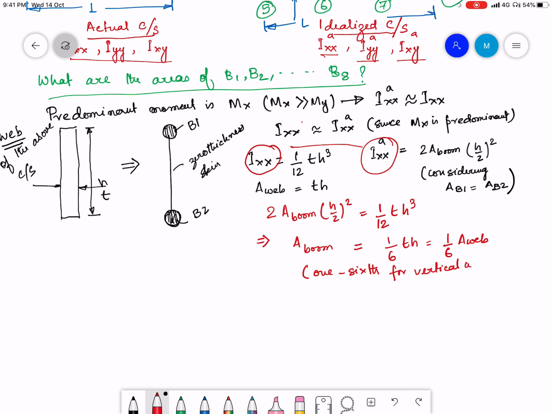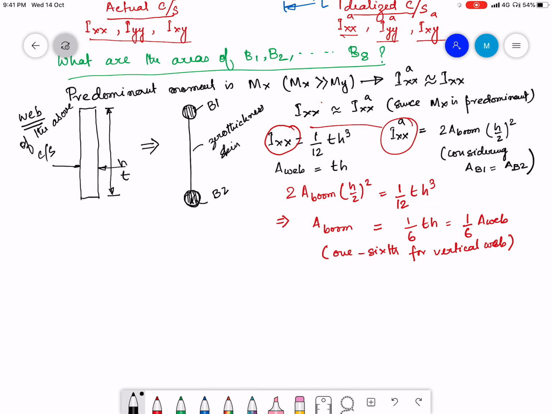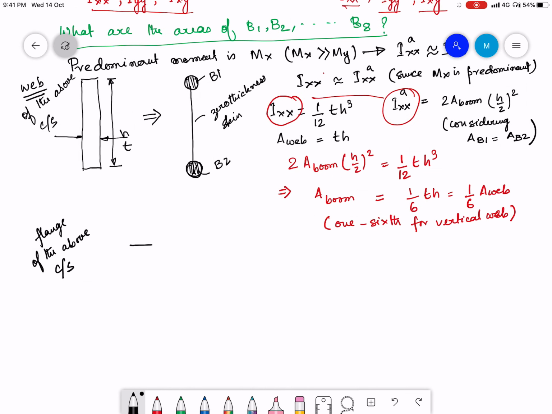So if I have a vertical web and I need to idealize it into a skin stringer configuration, then the area of each of the two booms replacing the web is going to be 1/6 of the area of the web. Now let us look into the flange of the above cross section. Let me draw the flange.